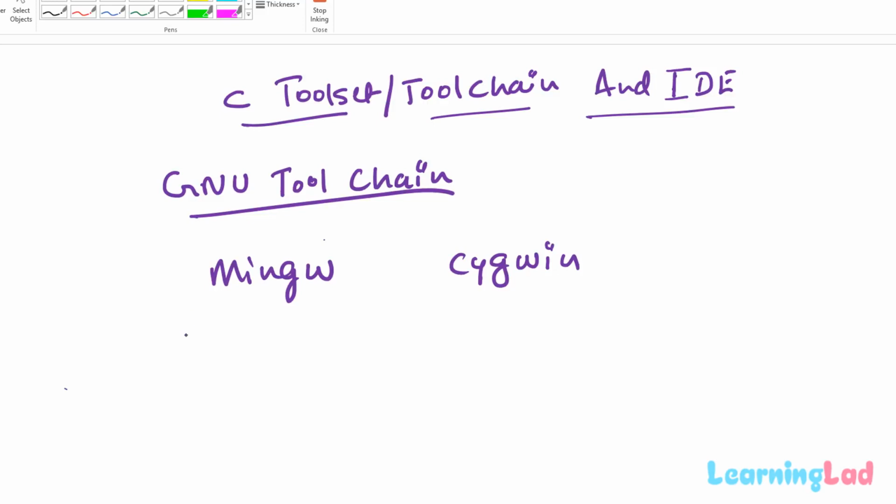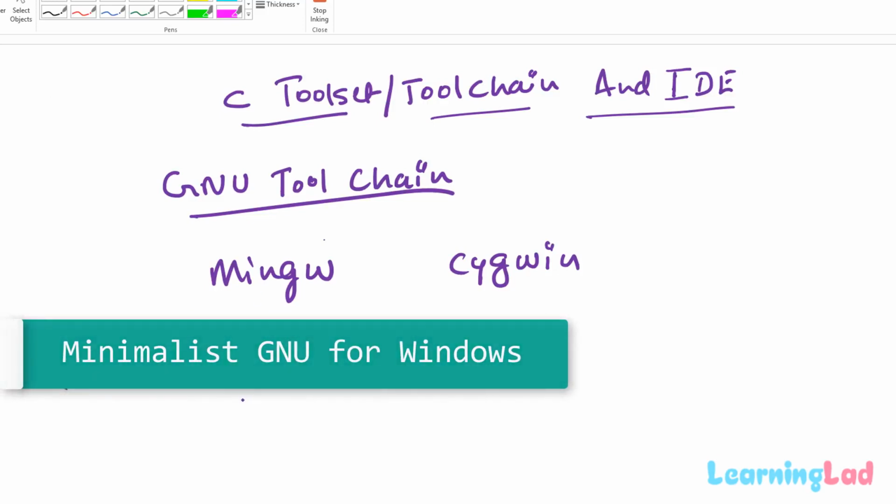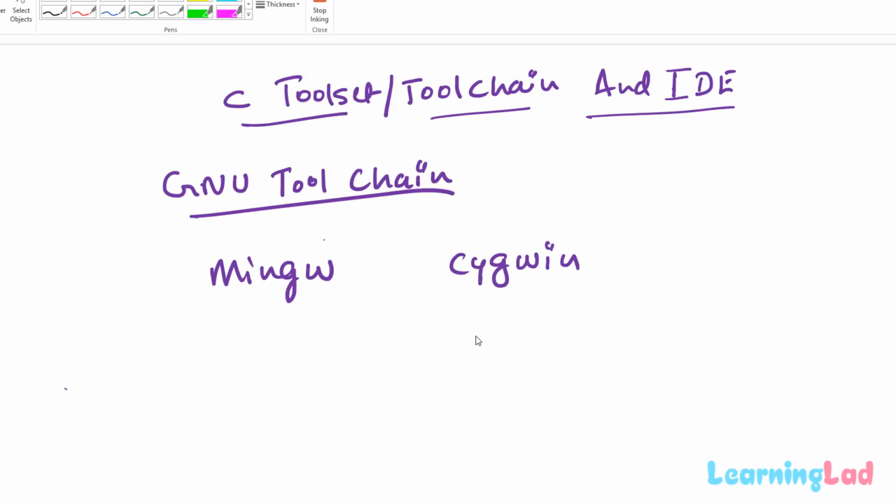MinGW stands for Minimalist GNU for Windows and provides the GNU toolchain for Windows-specific application development, and Cygwin provides a Unix-like environment in Windows. In this video series we will be using MinGW.